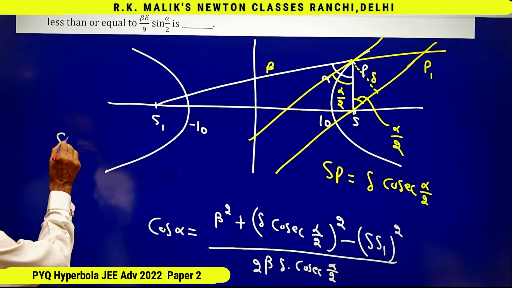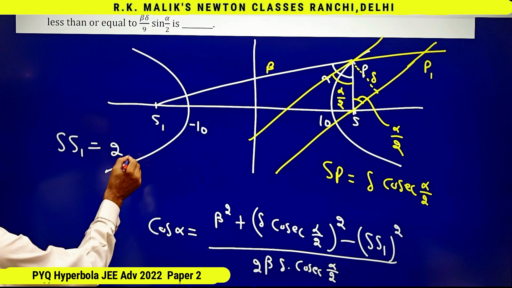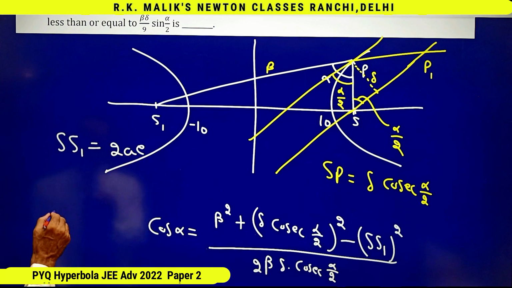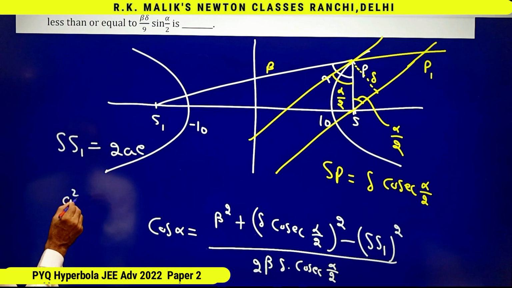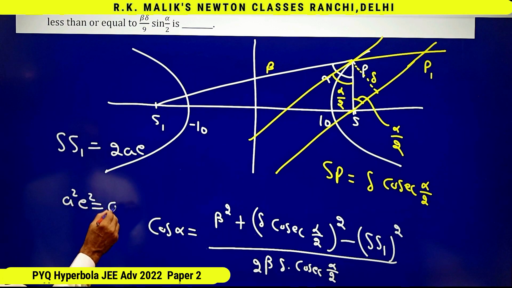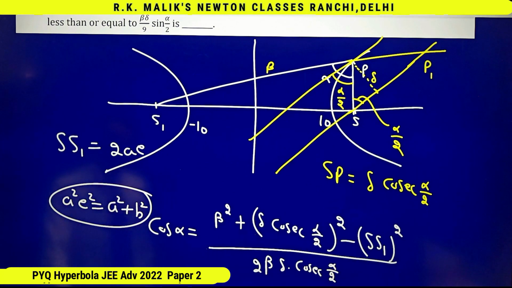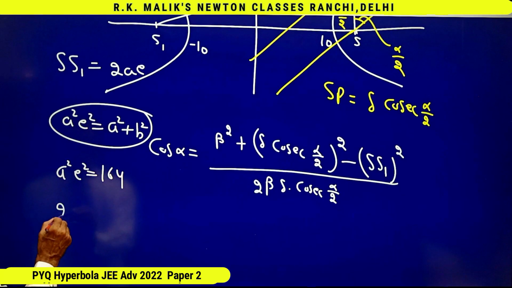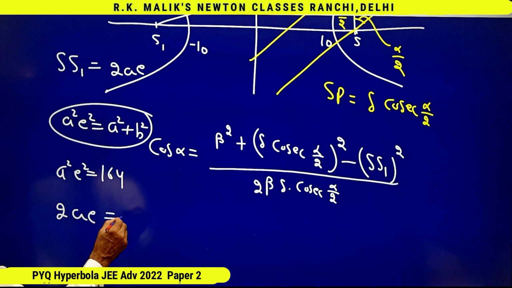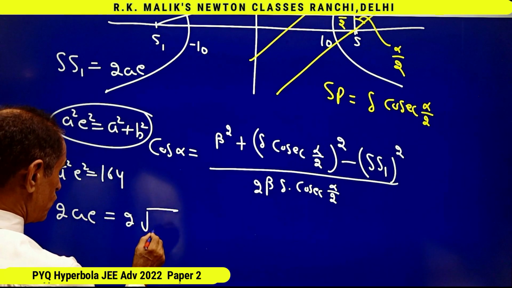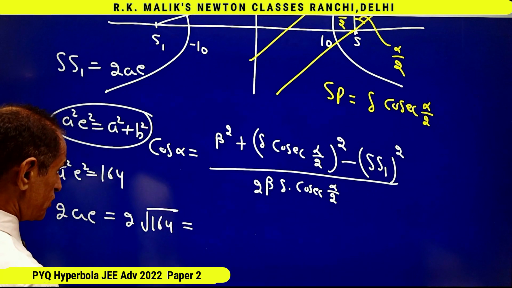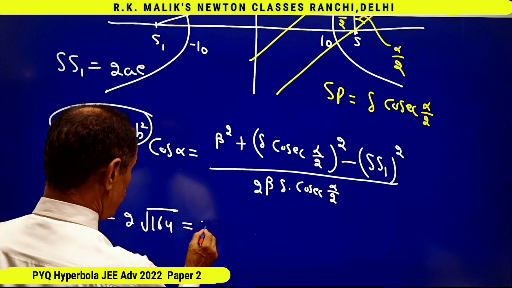We know that SS1 is 2ae, and we also know that a square e square is equal to a square plus b square. This formula you must be knowing. Hence, I get a square e square is 164. Hence, the value of 2ae will be 2 under root 164, that is 4 under root 41.